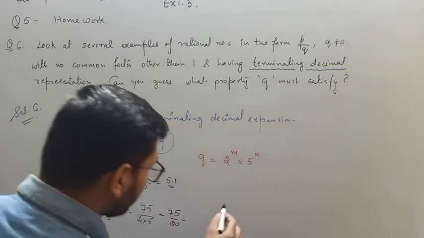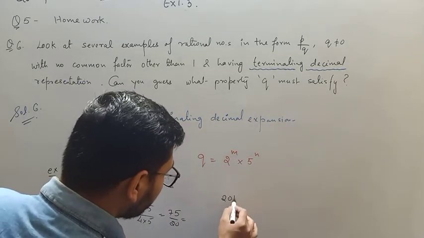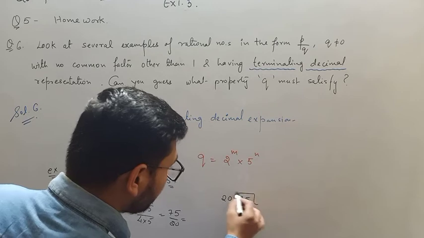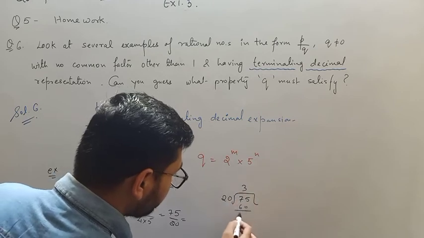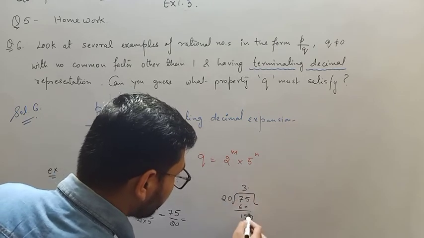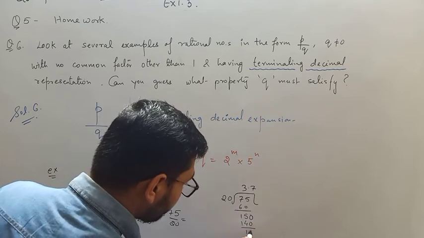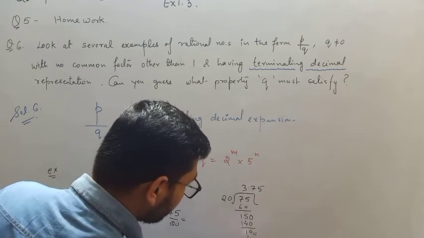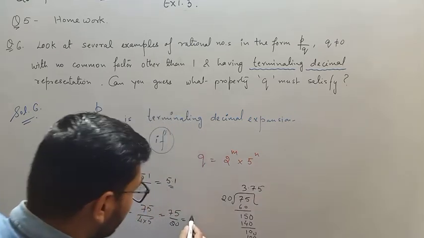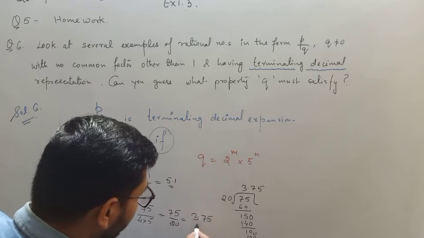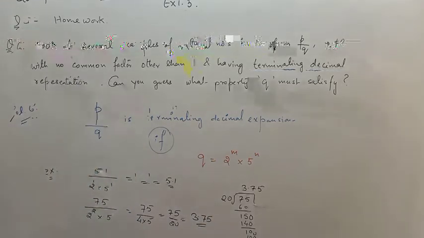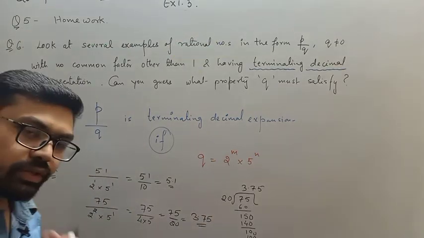Okay, so now you can check, 20 3s are 60, 20 7s are 140, 20 5s are 100. So again, this is a terminating decimal expansion, and in this way you can use n number of examples.